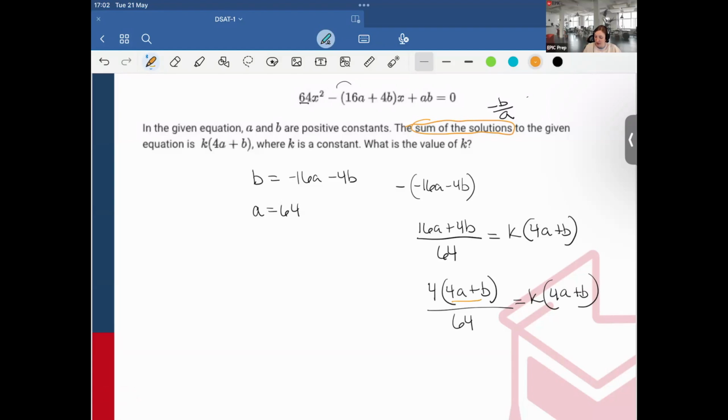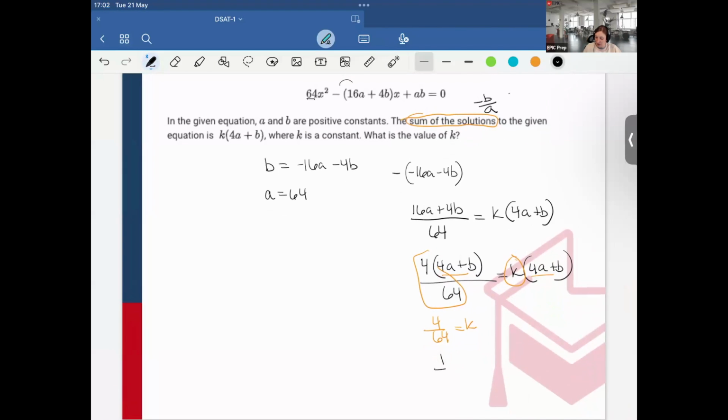And then I can see these equal each other, so therefore k will be equal to 4 over 64, which reduces to 1 over 16. So 1 over 16 equals k. That's also equivalent to 0.0625.